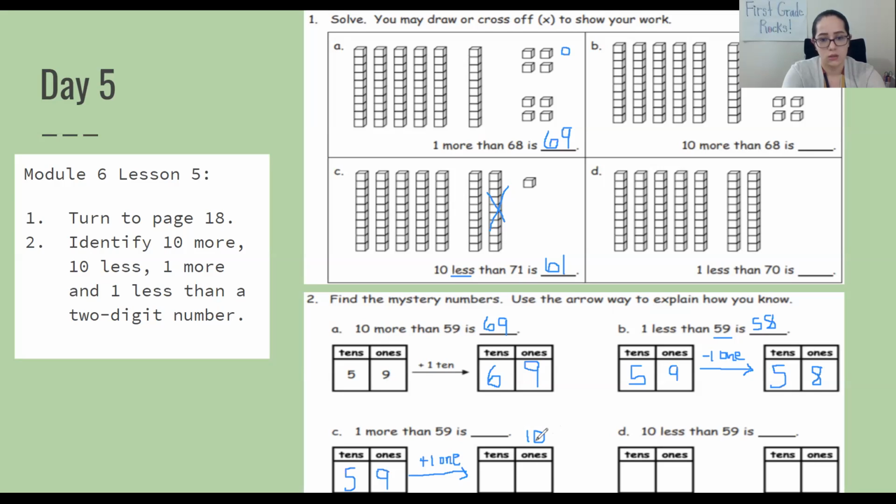So here I'm gonna have to add this 10 to my tens place. So 6 tens. Okay, and that leaves me with 0 ones. So 1 more than 59 is 60.